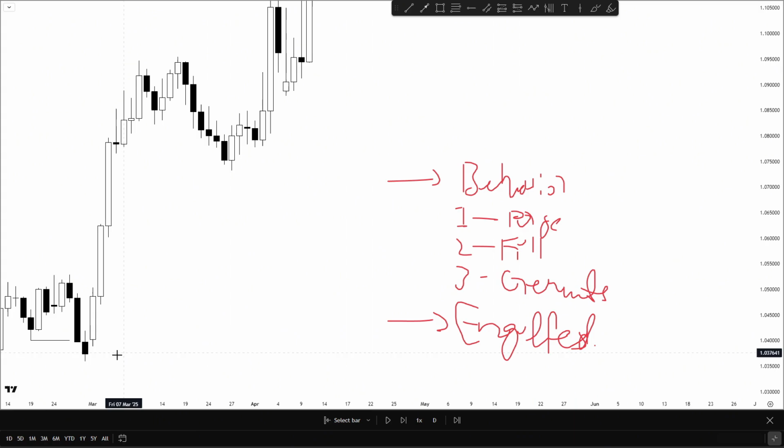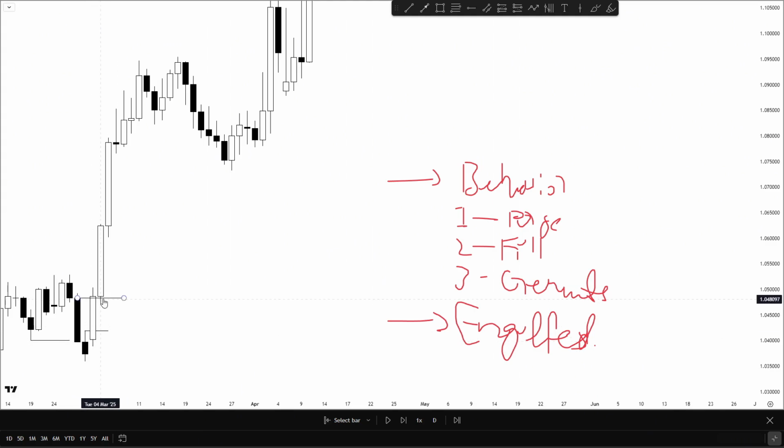The second thing that we'll have to look for is for price to engulf these candles or one of these candles. So you can see that price closed above this candle along with this candle as well. So when these two candles as a whole got engulfed, these two candles together turned into a single order block.